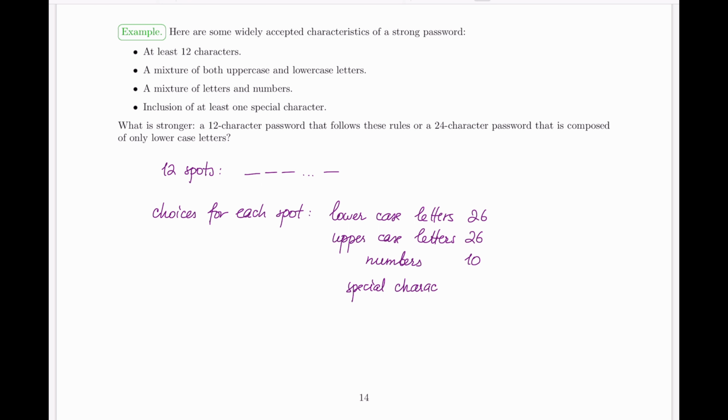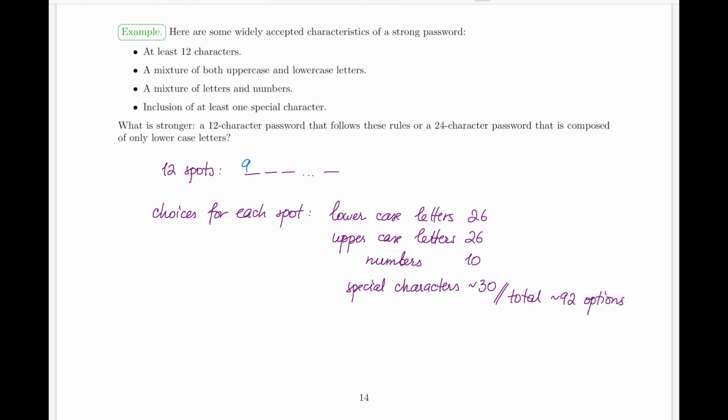Now, if you look at your keyboard and try to count special characters, you might come up with a different number than I have, but I've counted approximately 30 different special characters. Between an exclamation point, an asterisk, the greater or less than sign, comma, and period, and so on, let's say approximately 30. So, for each spot, I have 26 plus 26 plus 10 plus 30. So in total, I have approximately 92 different options.